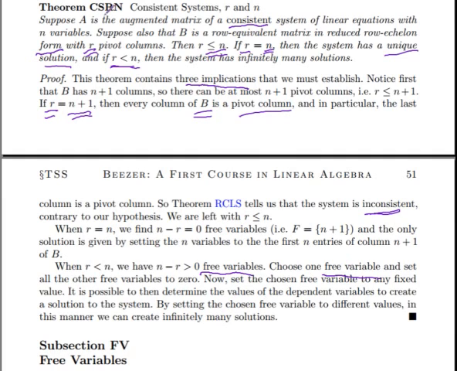So we have the complete theorem: for a consistent system to have a unique solution, it must have the same number of pivot columns as it has variable columns. All the columns must be pivot columns. If you have a column that's not a pivot column, then you have infinitely many solutions. Okay, so that's it.